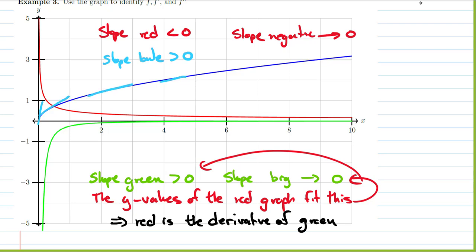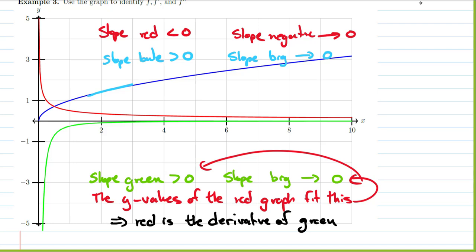And the further we go out, what's happening to each of the tangent lines? Does my slope get bigger, or does my slope get smaller? Is it getting steeper or flatter? Flatter. So my slope is going to start big, and it's going to decrease to 0. Okay. So our slope starts positive, and it decreases to 0.